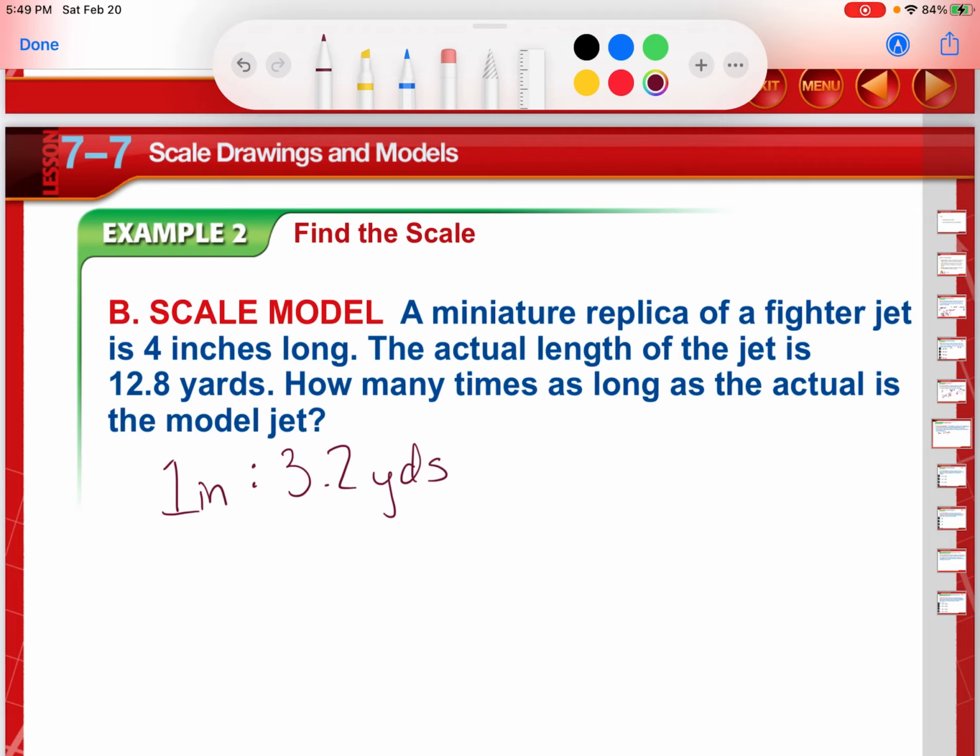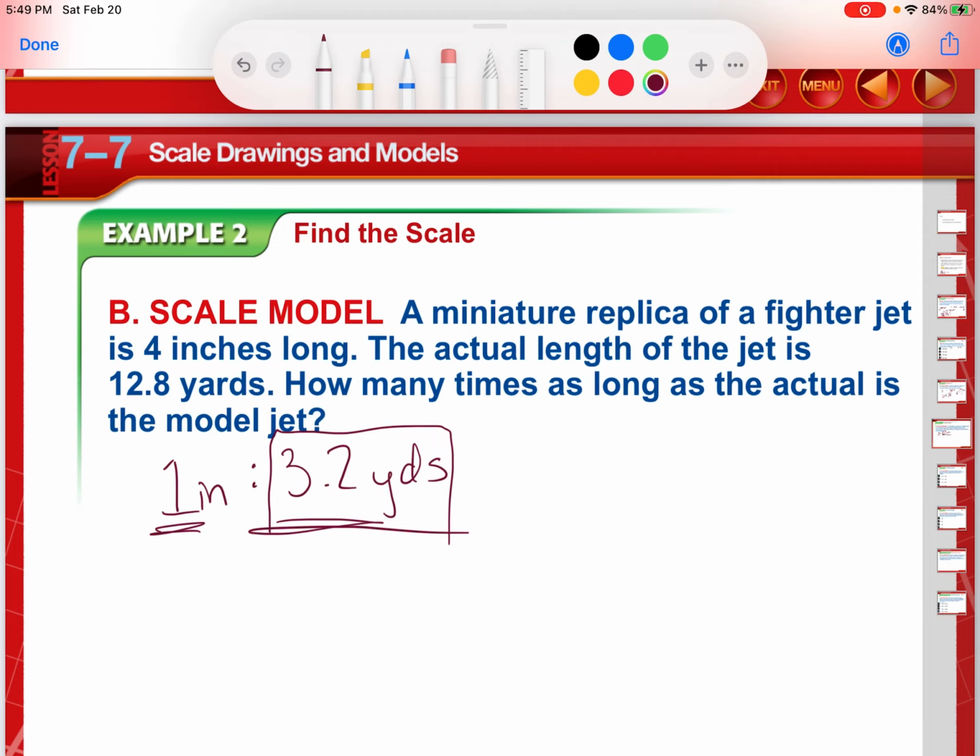So how much bigger is the model jet than this replica? So now how we have to do this. So we have our scale factor. We have our 1 on this side. We have our other unit on this side. Now, these are in different units of measurements right now. So we have 1 inch to 3.2 yards. Those are very different units of measurement.